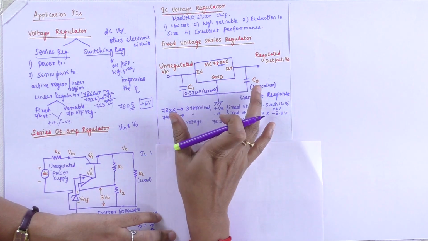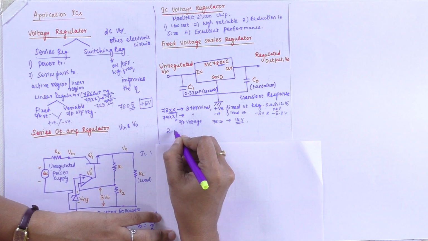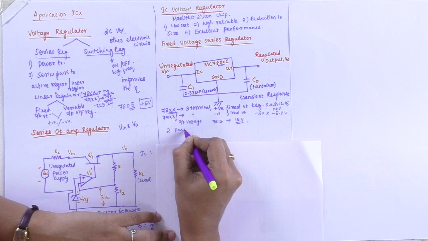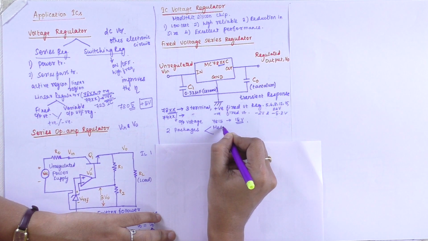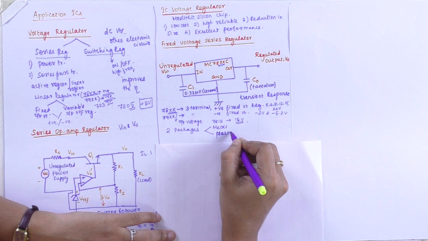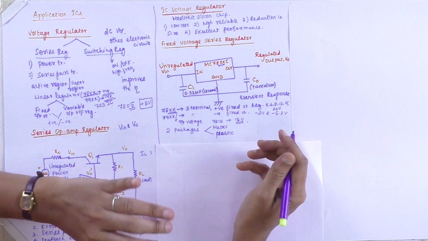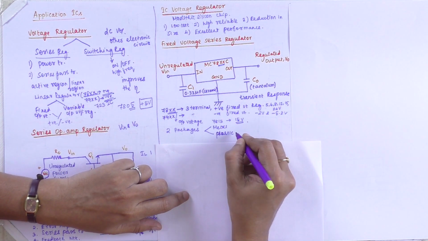So here these ICs are made up of 2 types of packages. One is the metal package and the other is the ceramic, or plastic package. In the op-amp discussion, we discussed the metal package, plastic package and the ceramic package.